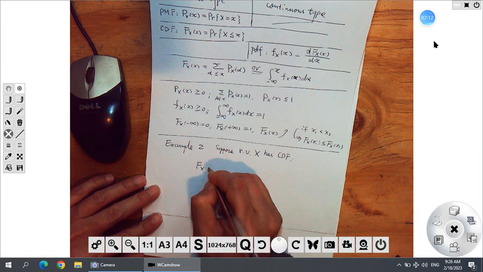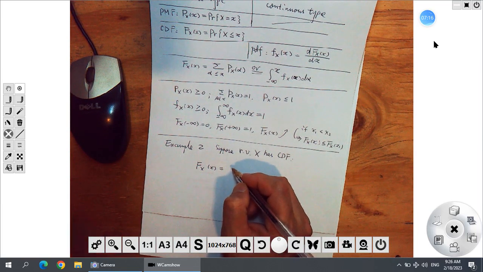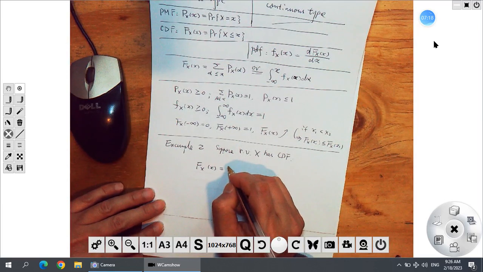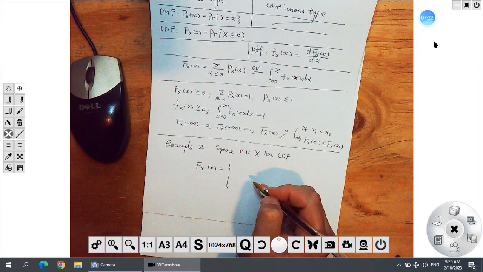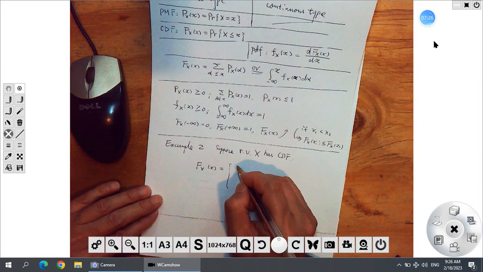Fx of x equals some value, just any value.